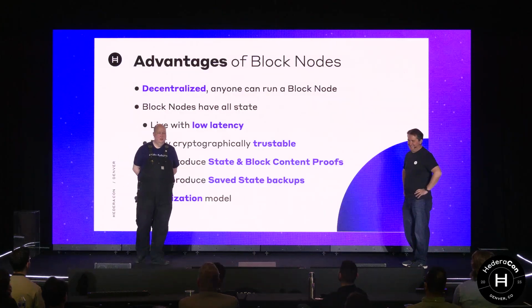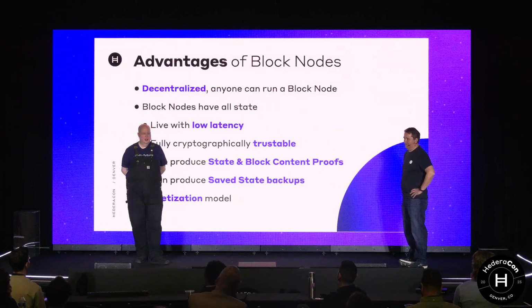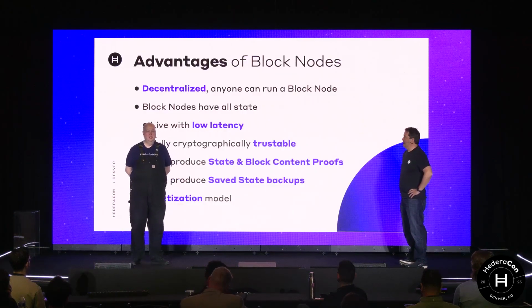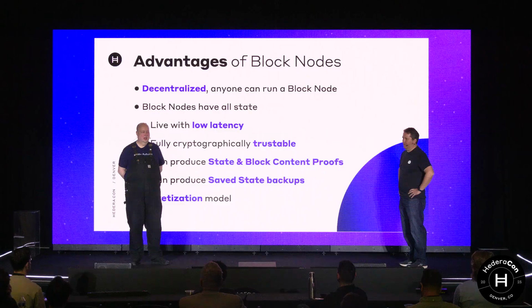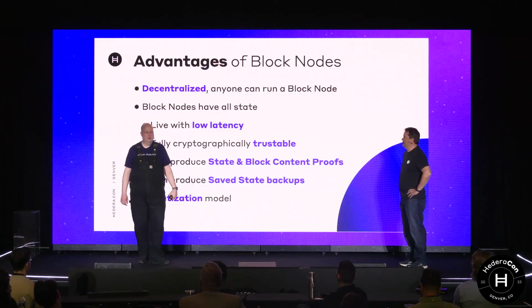So block nodes. What are the advantages of block nodes? Why did we add block nodes? Number one was decentralization. The second one is that because we're sending the state out, block nodes can now have a copy of the same state that's in the consensus node. So therefore we can offload responsibility. Like we talked about, they can create save state backups.